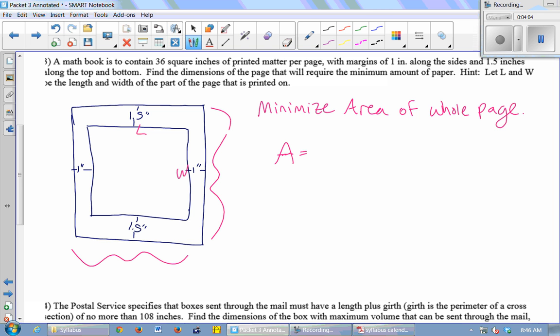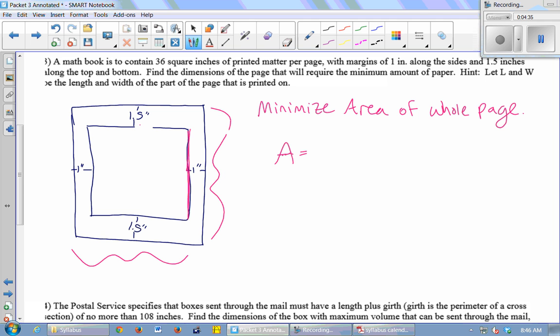Okay. So without trying to eliminate variables yet, what is the height of the page here? W plus 3 or 3 plus W, yeah. Because this is W, right? It doesn't really matter. We can call it L. We'll switch them.